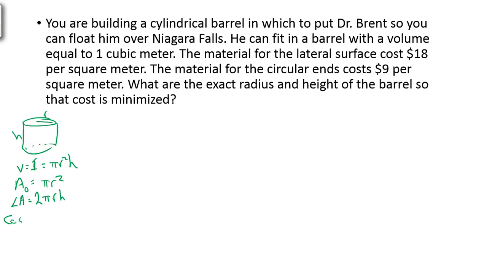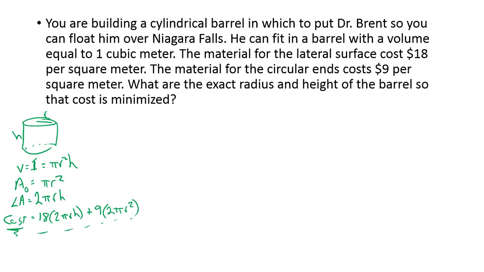And the cost of making this, which is what we're trying to minimize, will be $18 times the lateral area, 2 pi r h, plus $9 times, there's 2 of them, so there's 2 circles, so 2 pi r squared. And so we're going to try to minimize this.